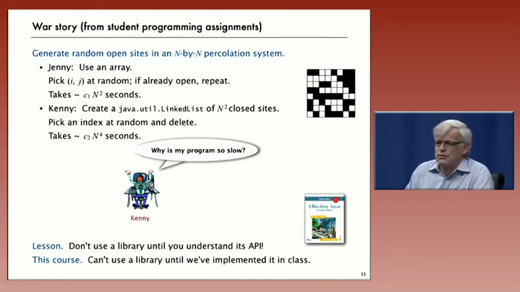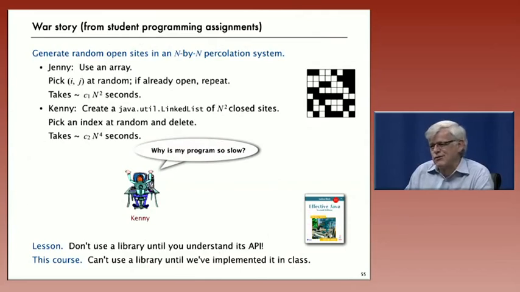But then we have another student who had some Java before coming to us and considered himself an expert and said, well, I'm going to use linked lists because I can use Java's library and I don't have to worry about downloading your stupid code. And so I'll just use that one and pick an index at random and delete. And that program took quadratic time.